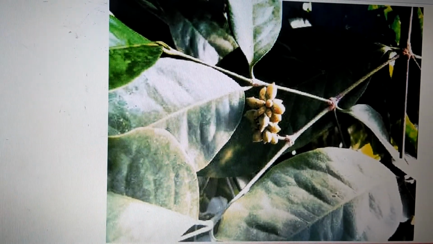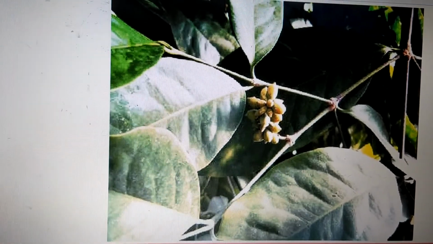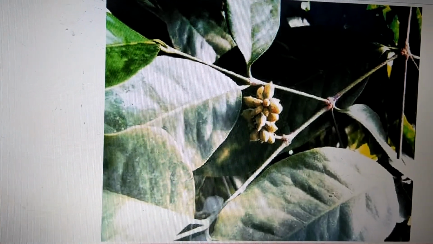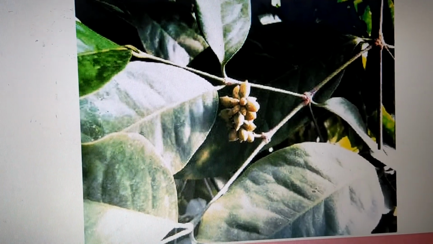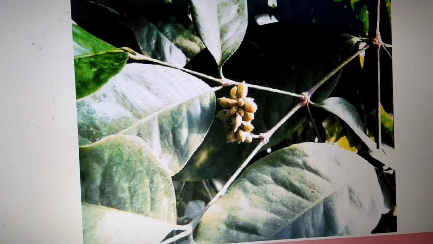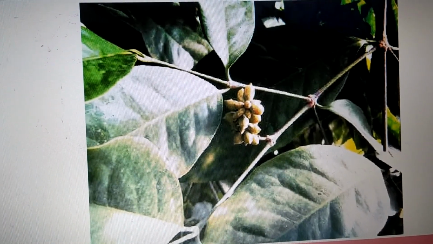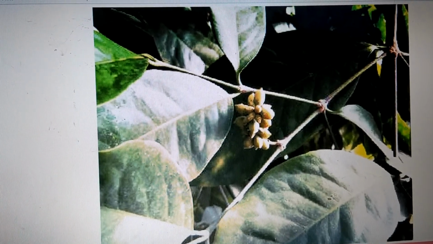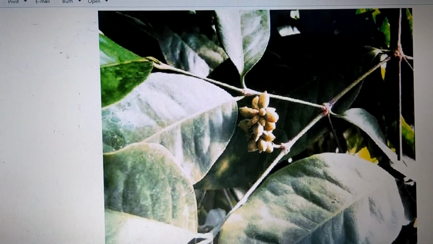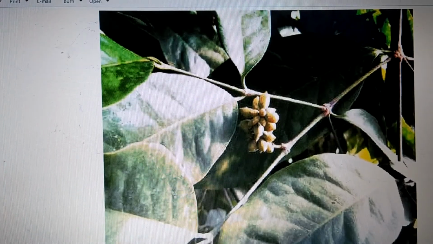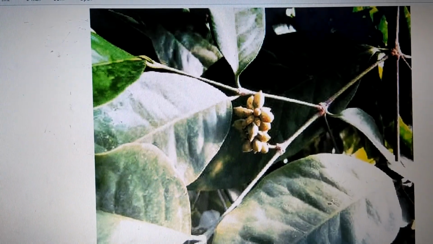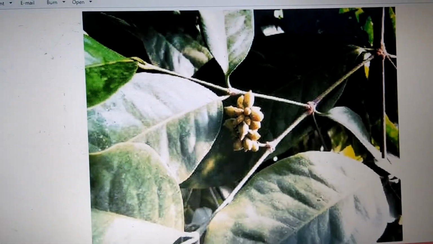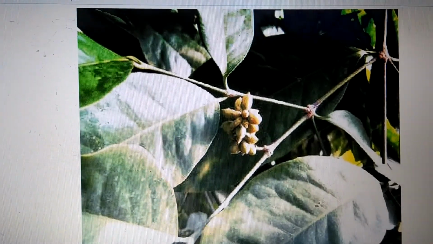But here in gymnosperms, the haploid endosperm develops before fertilization. We have dealt in detail with sexual reproduction of flowering plants, which was a topic for second year. So this was a description regarding Gnetum, an introduction to the Gnetum. Thank you.